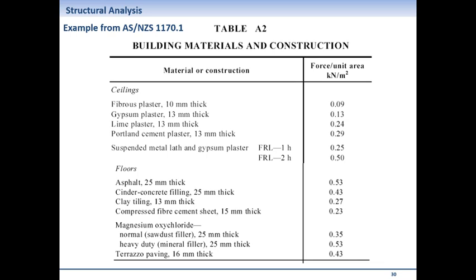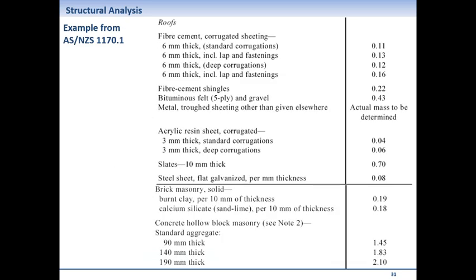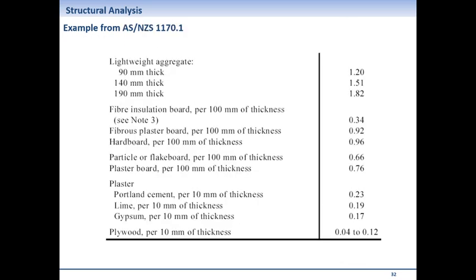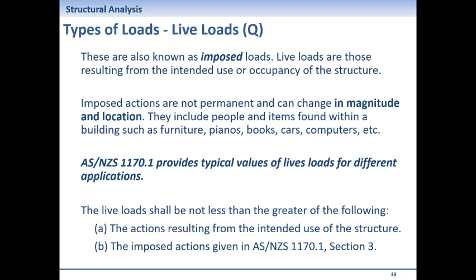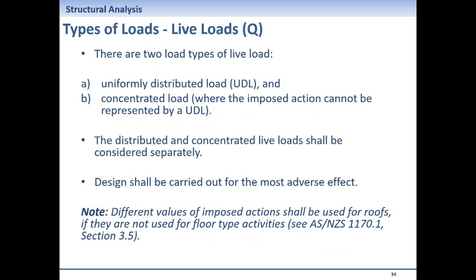For example, gypsum plaster, every 13 millimeter of it is 0.13 kilonewton per square meter. So the table is slightly different from the previous one. I've got another example for live loads.